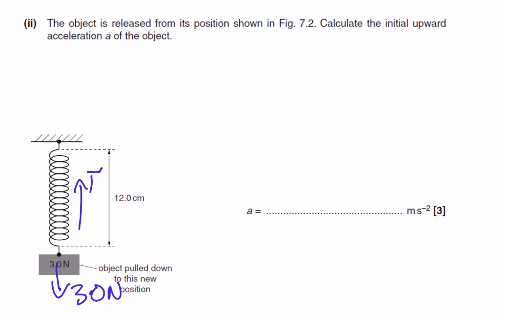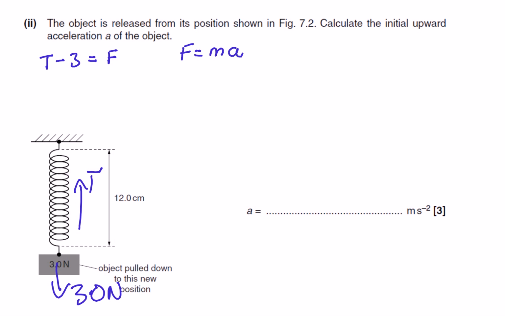And what we know is that that tension minus the 3 newtons, that's going to equal our force, and then because we're after the acceleration, we know that the force is equal to the mass multiplied by the acceleration.